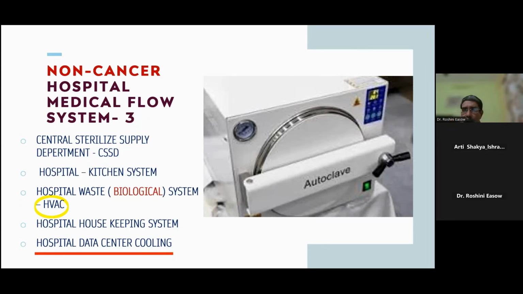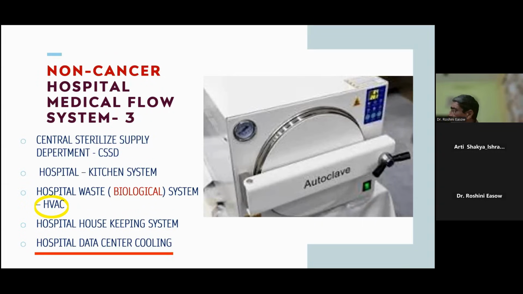This is now very common in major bigger hospitals, and it's a sterilized room. It needs a minimum of 3 airlocks. Everybody cannot enter. After the sterilization, the tools go through a white corridor.